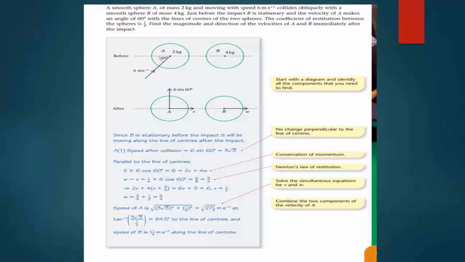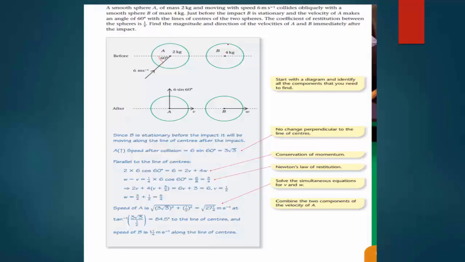For example, a question: a smooth sphere A of mass 2 kg moving with a speed of 6 meters per second collides obliquely with a smooth sphere B. So you have smooth sphere A, which goes to collide with smooth sphere B. Here they have drawn it just to show the direction of velocity.